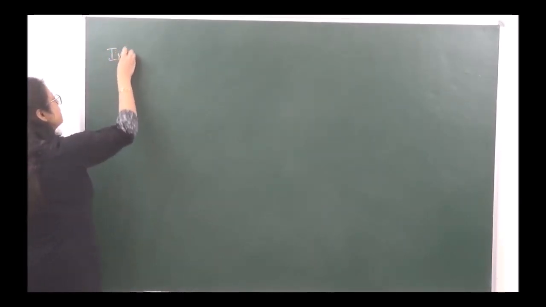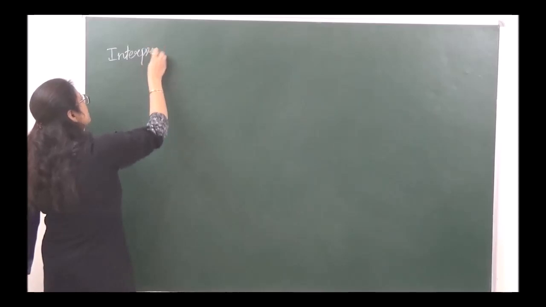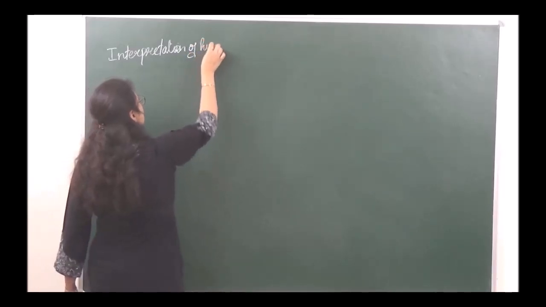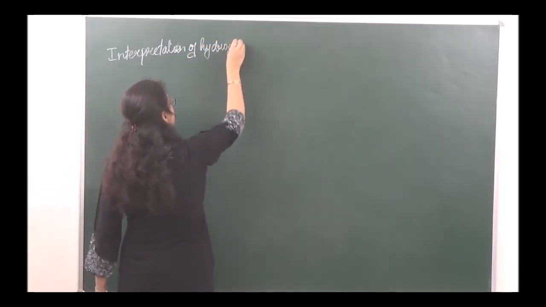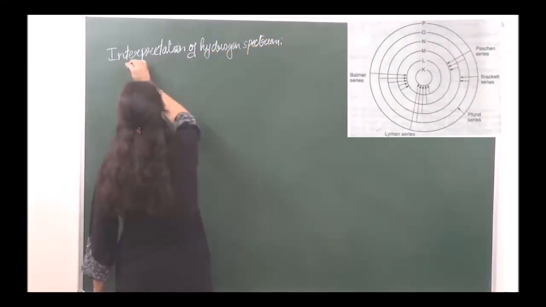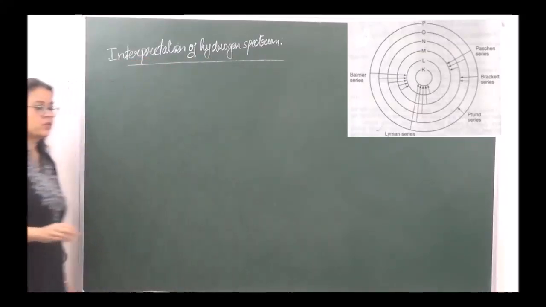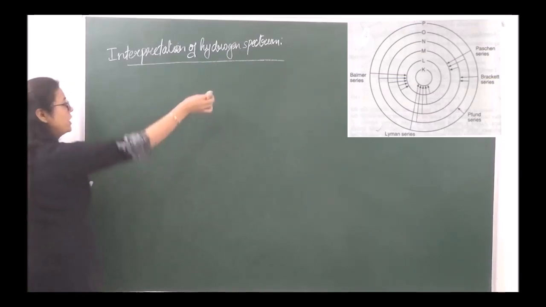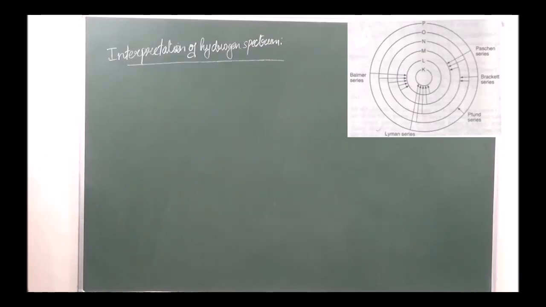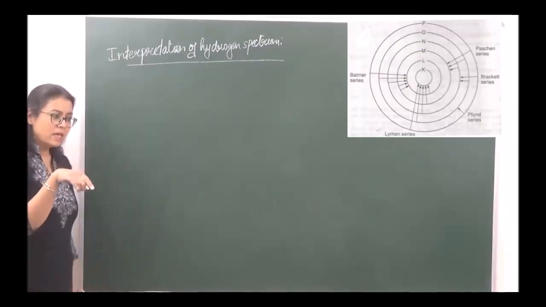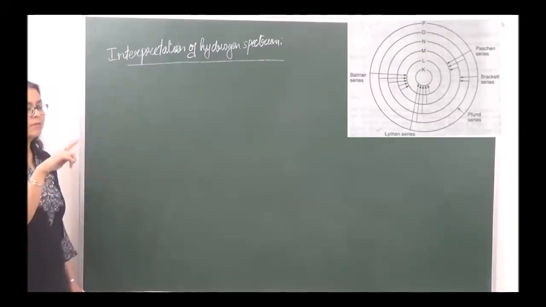So let's understand that. The interpretation of hydrogen spectrum. According to Bohr's atomic theory, you can see in the figure that there is one electron, the nucleus in the center, and then we have the K shell, the L shell, the M shell, and the N shell.